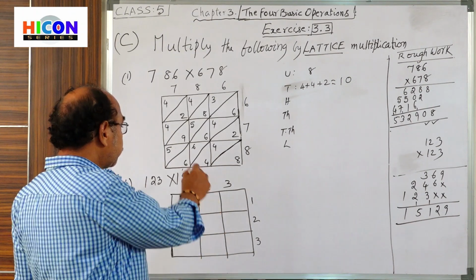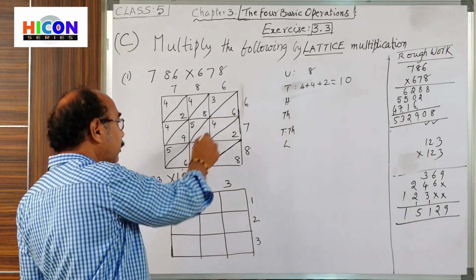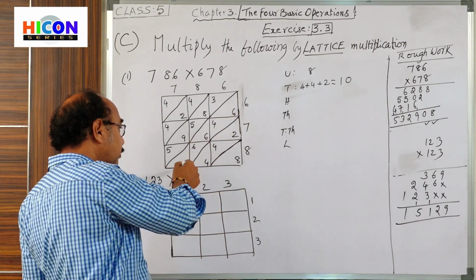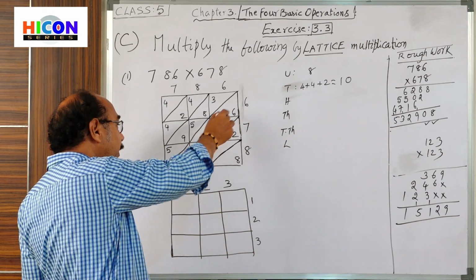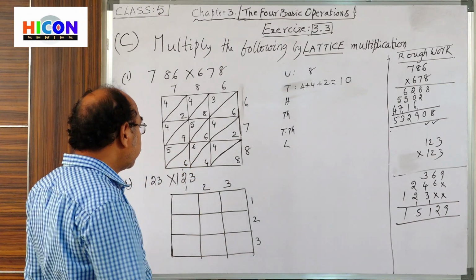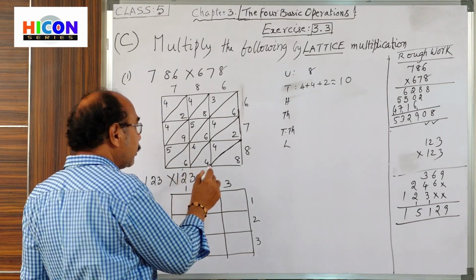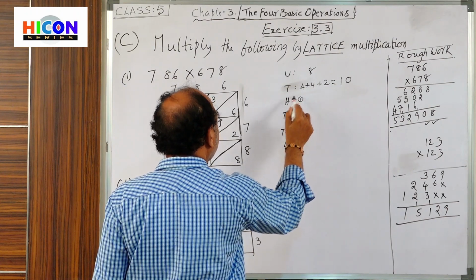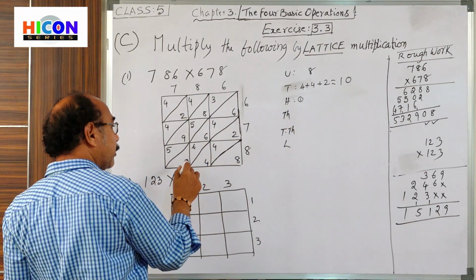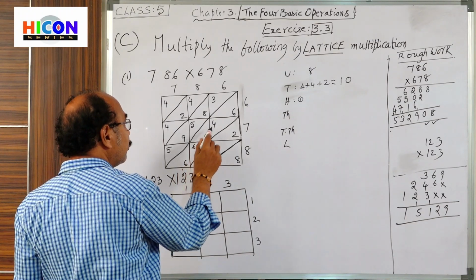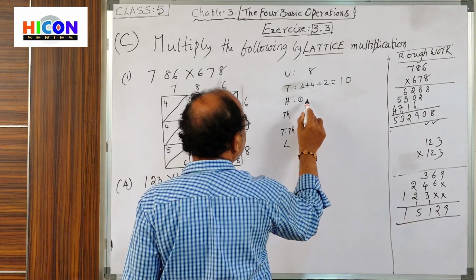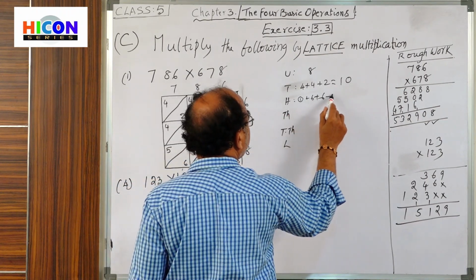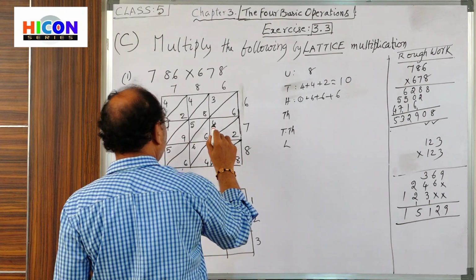Now, in this diagonal, add the numbers. What are the numbers here? 1 is carried, and the remaining numbers you see here are 6, 6, 6, 4, 6.